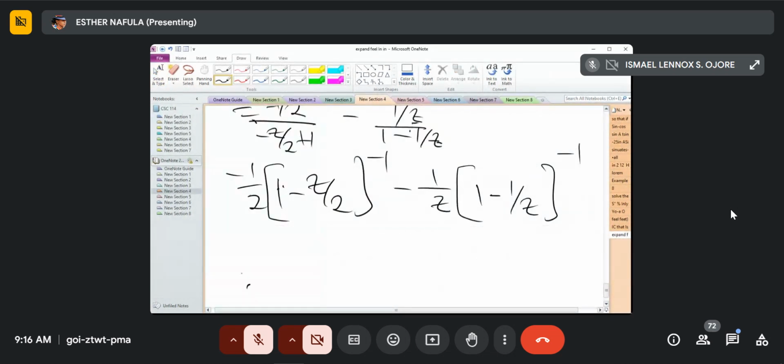So minus half into, what do we have in the first part? I just need the first 3 or 4 terms. What's the expansion for 1 minus z over 2 raised to -1?